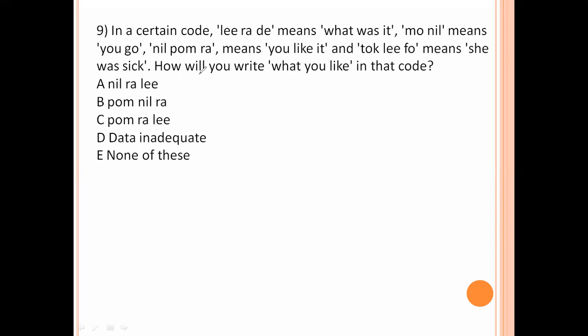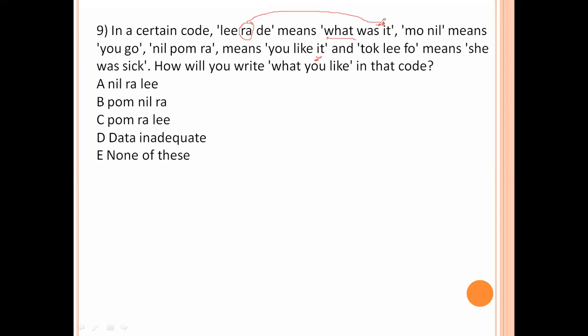So now here you see what is common. Code is NIL POM RA; here RA is common to it.